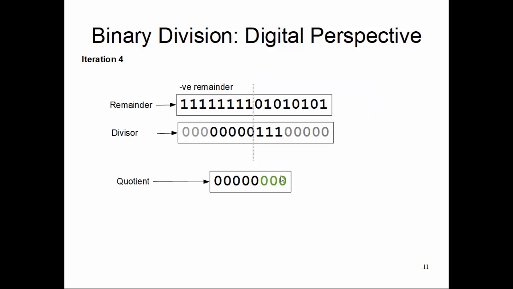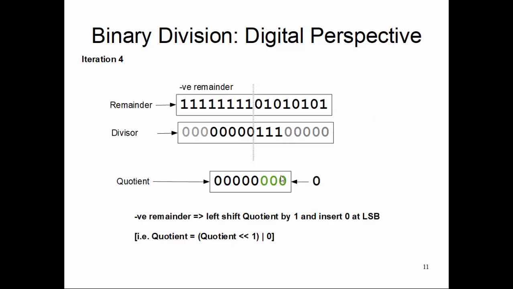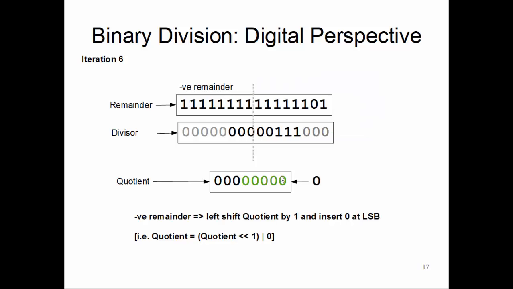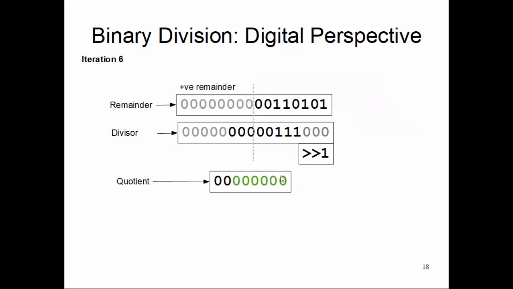Subtraction, still a negative remainder, bit insertion on the quotient, rollback, shift. Iteration 5, I think we are still more than the dividend bit pattern. Negative, 0, come back, shift, then do a subtraction, negative remainder, insert 0, roll back, shift.